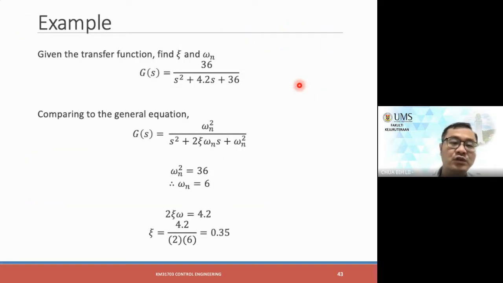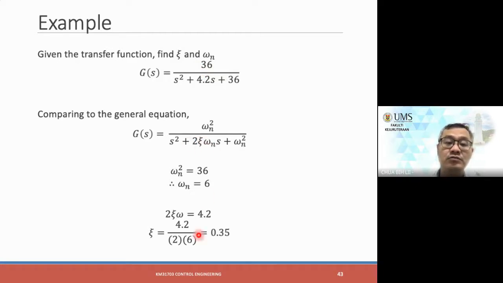So here is an example of a system, where you are given a transfer function, something like this. Since these two are the same, very straightforward, this would be the omega n squared. Just compare this, 36 would be omega n squared, so omega n would be 6. And for this value, 4.2 would be the 2 sigma omega n.